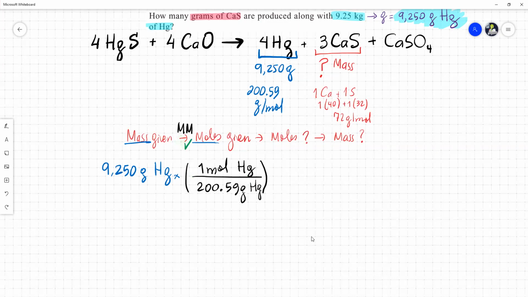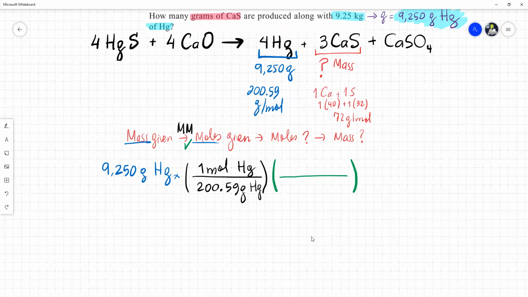From moles given to moles unknown, I'm going to be using the molar ratios. What's the molar ratio between the two substances? Paola, what is the molar ratio between the two substances? Sorry, Miss, I don't hear you well. 72 grams per mole.